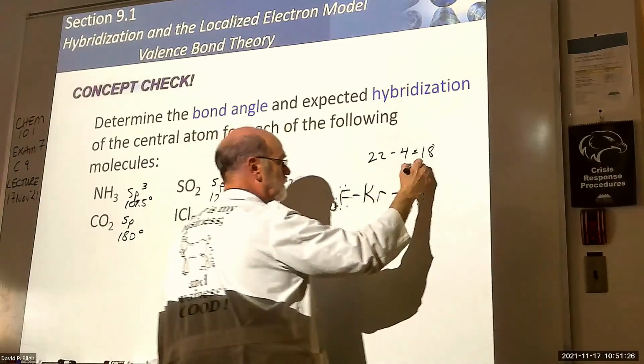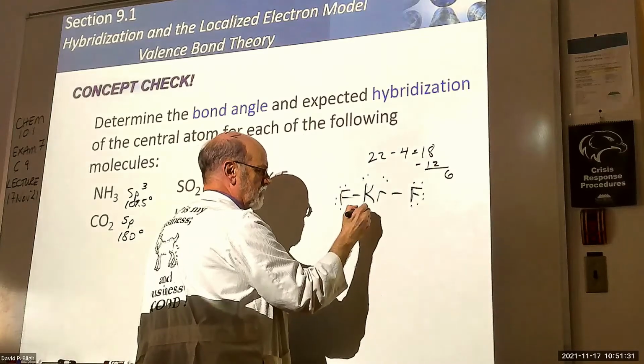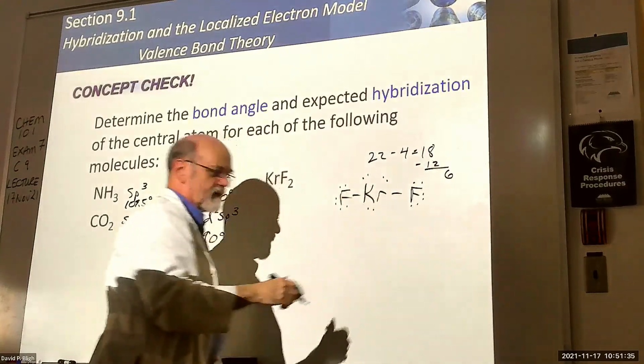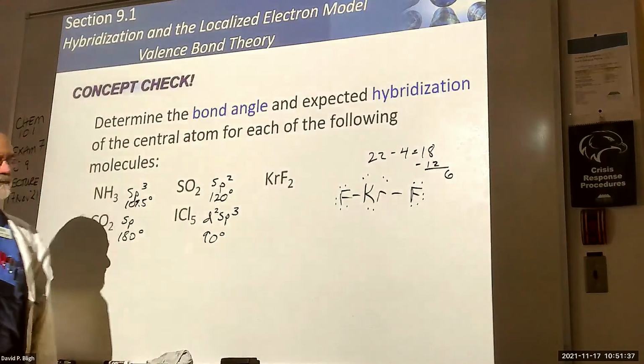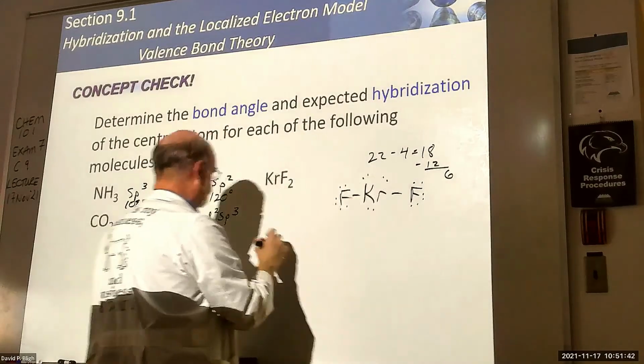Okay, so that's 12. Means 6. Okay, 2, 4, 6, 8, 10. Krypton exceeds the octet. So it means 1, 2, 3, 4, 5.